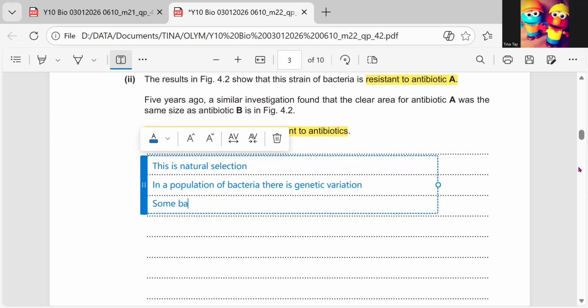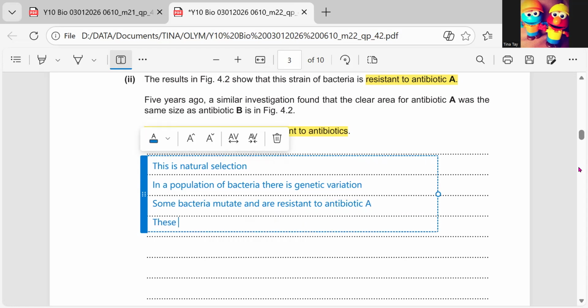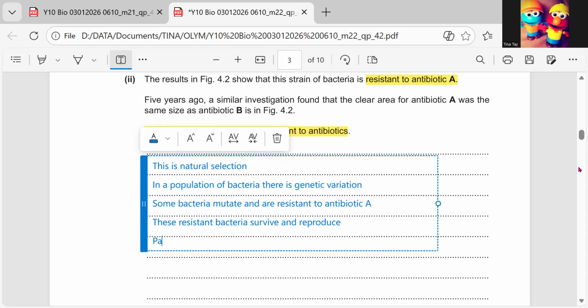Some bacteria mutate and are resistant to antibiotic A. These resistant bacteria survive and reproduce, passing down the resistant gene to the next generation. Okay?